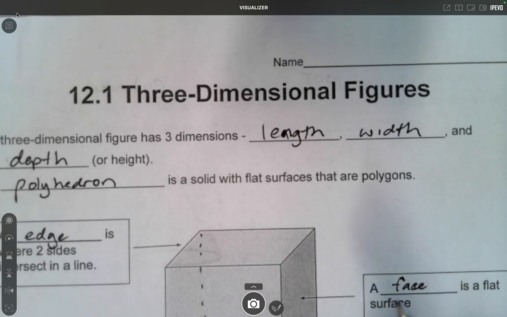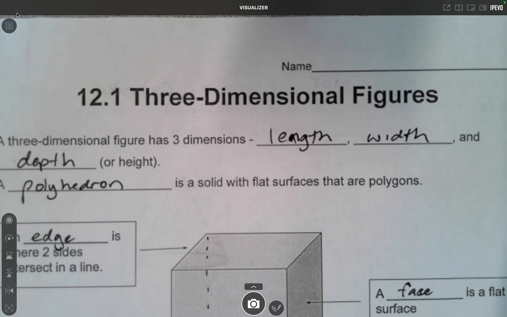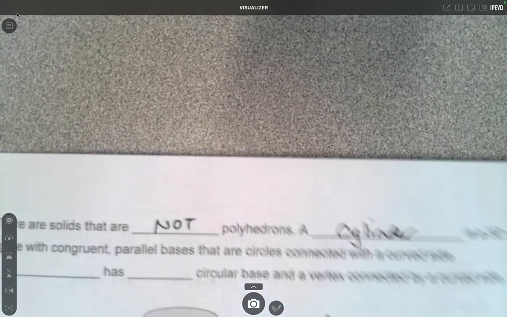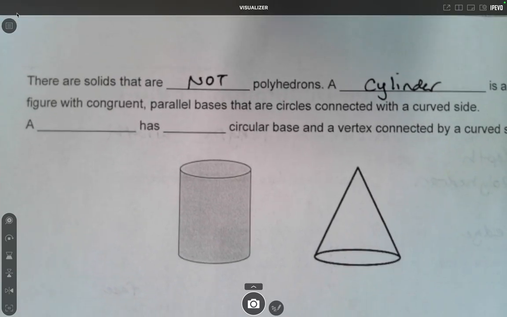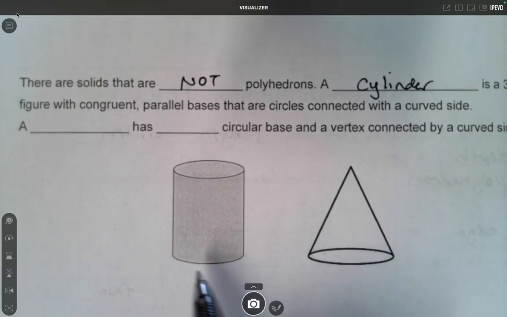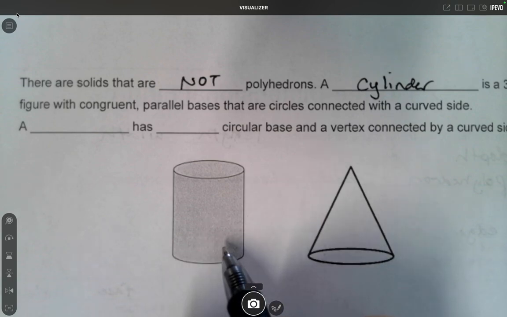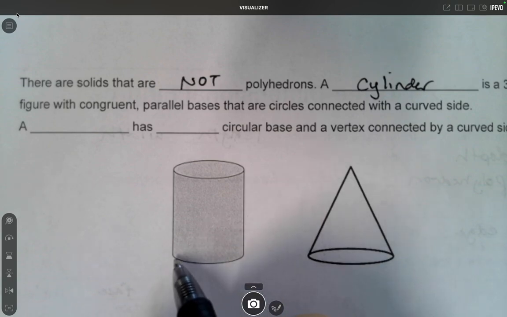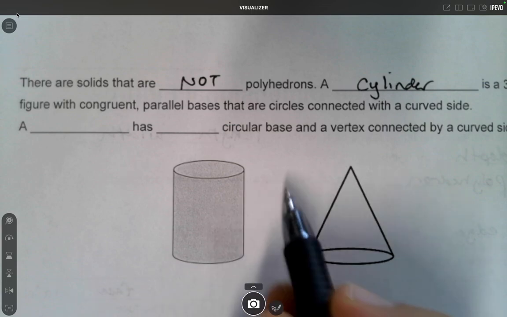Now that doesn't only mean it can't be bumpy. It doesn't only mean it can't have spikes coming out of it. It means that if you were to lay it flat, it should stay still, like lay it flat on a table or on your desk or on the floor. Now this works with the cylinder if you set it down on one of its bases. Just think about like a soda can.